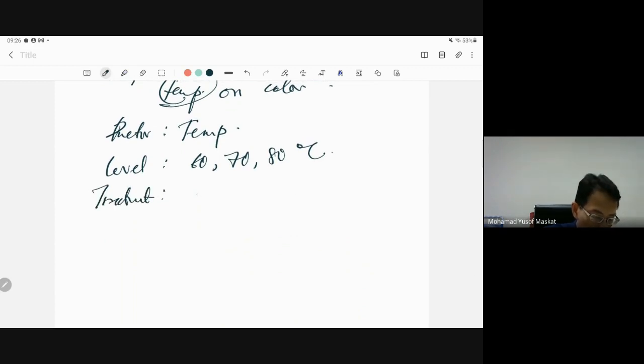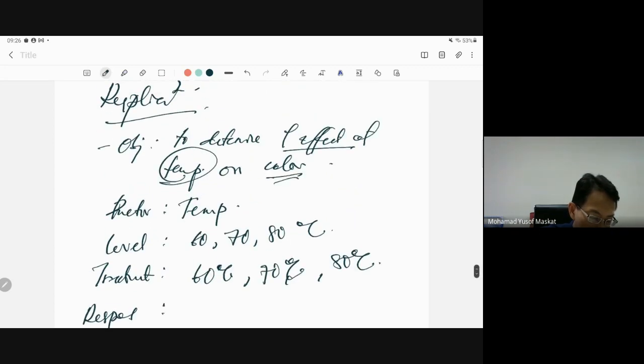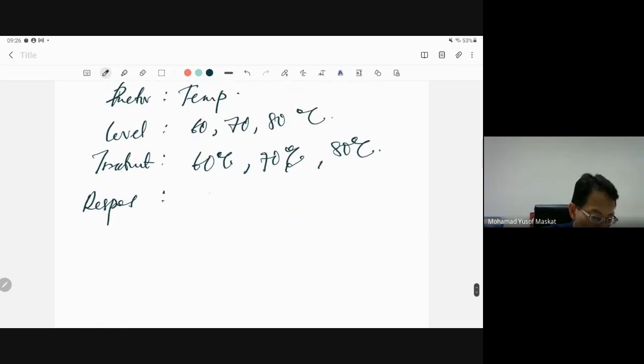What are the responses? Responses are our measurements, what is recorded. For example, if you want to determine the color, we look at the L star under the CIE color system.